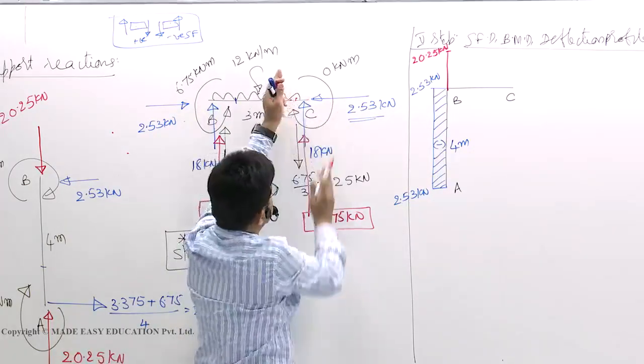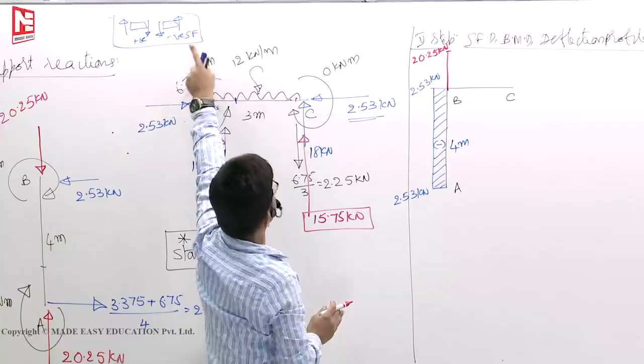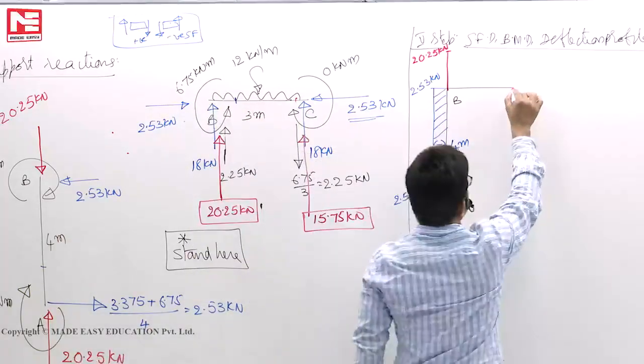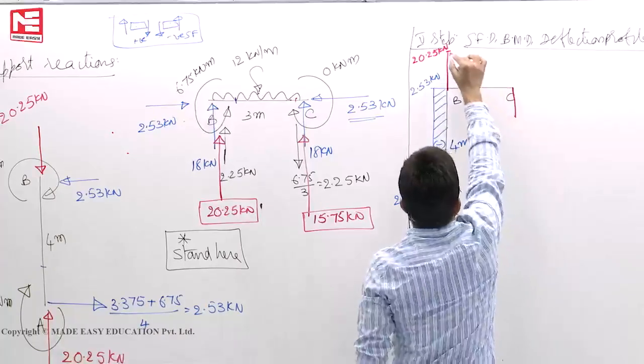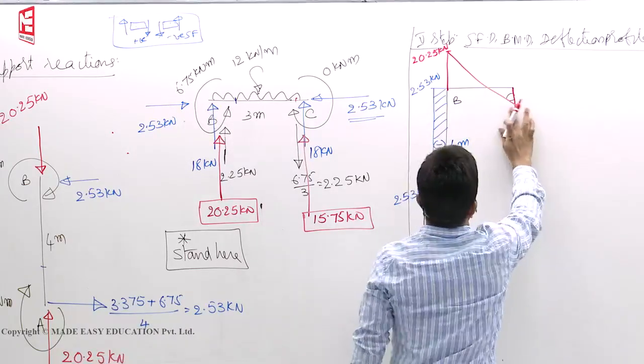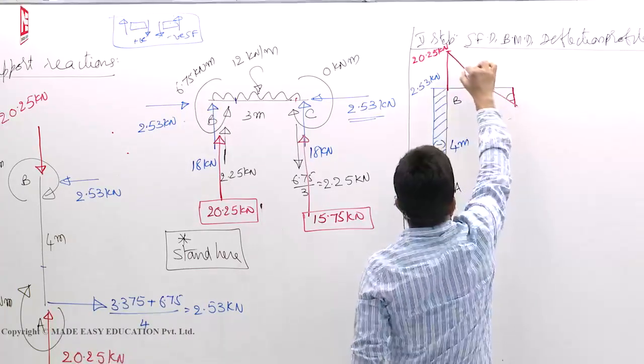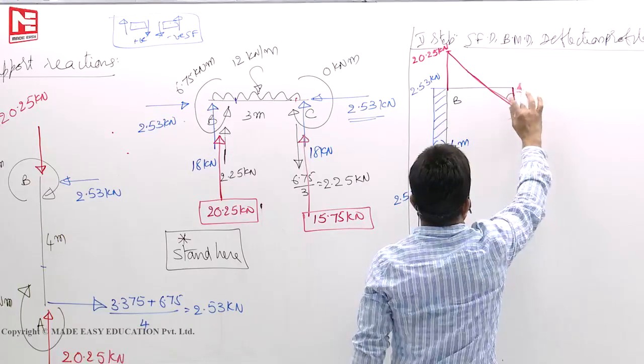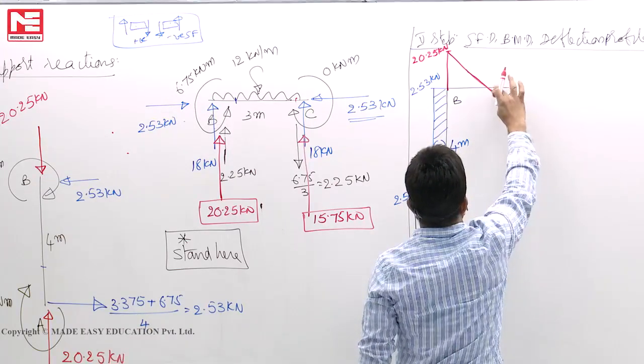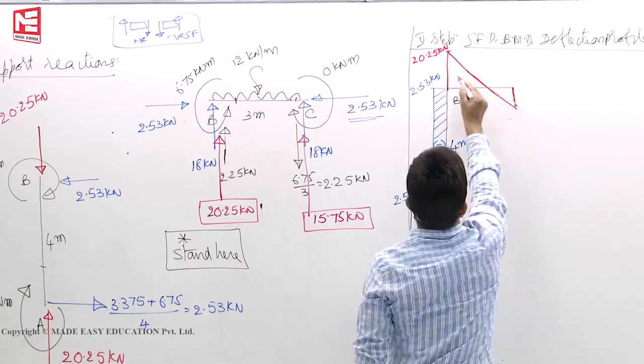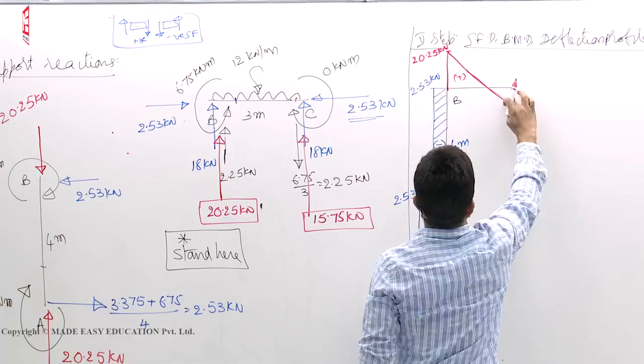So now section right side upward, 15.75 is negative. So 15.75 negative. Just join them. This is a straight line. This is positive and this is negative.